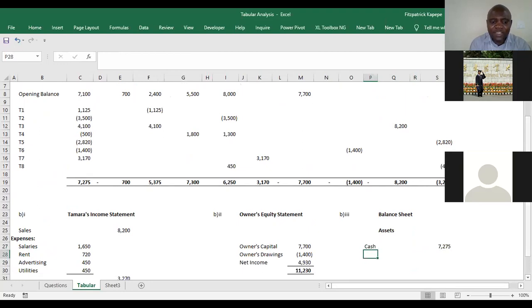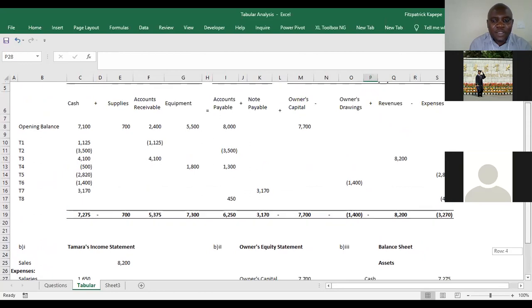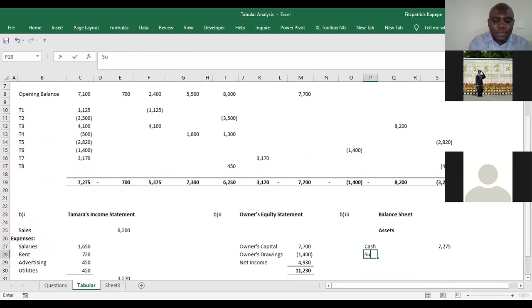Other than cash, we have the trade receivables. I don't know what we are calling them here. First, supplies. Supplies, guys, is more or less like inventory. It's basically inventory. What else under assets? Receivables. Trade receivables.